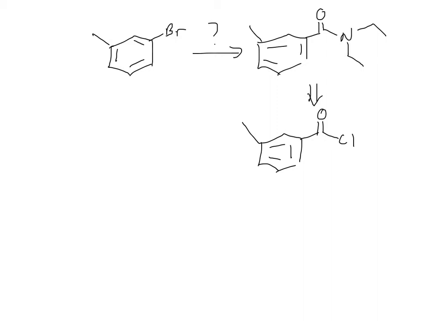So I have an acid chloride. Where would an acid chloride have come from? How do you know how to make an acid chloride? From what functional group? A carboxylic acid. So we can make acid chlorides from carboxylic acids. Very good.